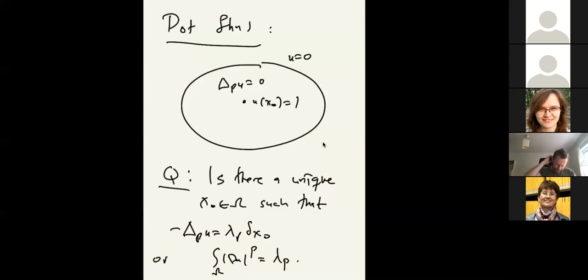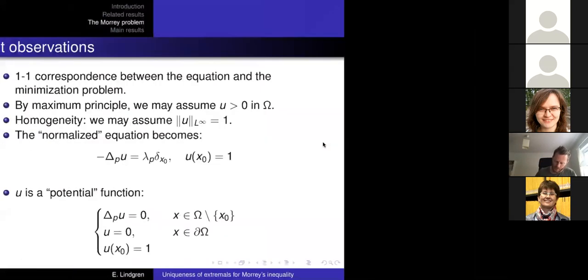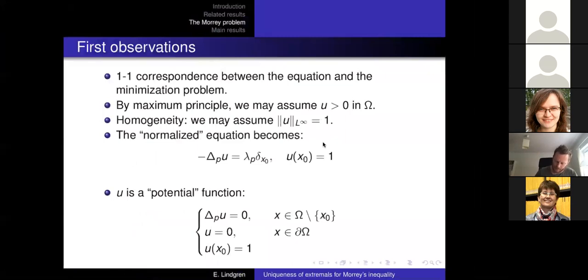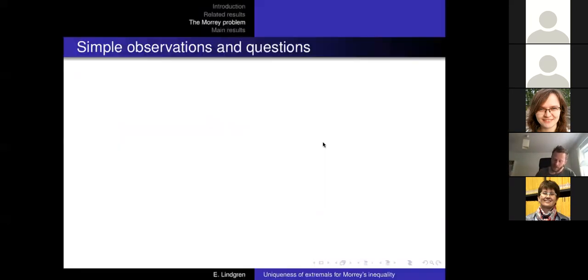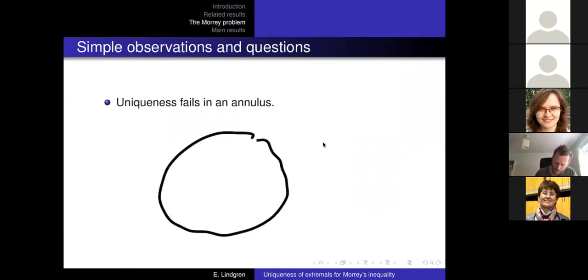Okay, so the equation we have is this. What kind of conclusions can you draw directly from it? Well, you can draw some conclusions about when you don't have uniqueness. If you have an annulus, you have one ball and you take another ball, and this is supposed to be spherically symmetric.